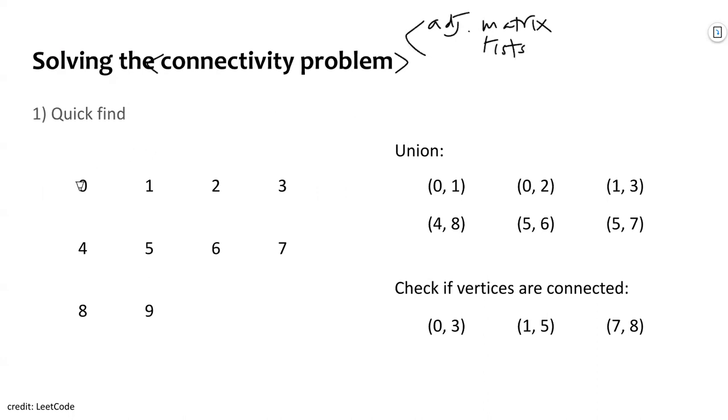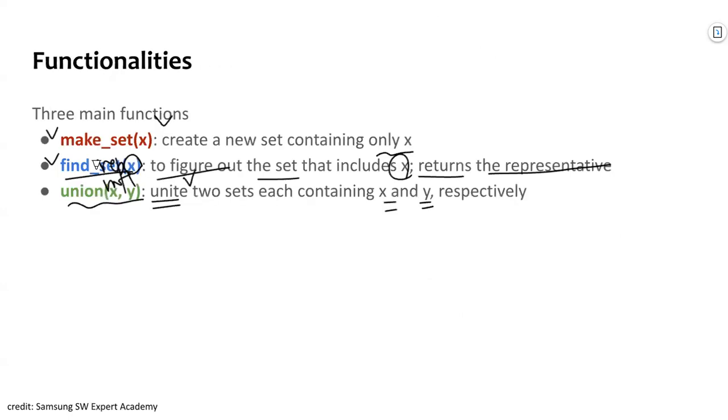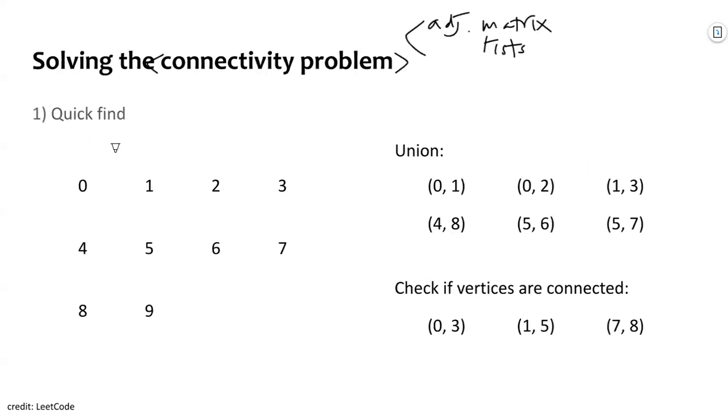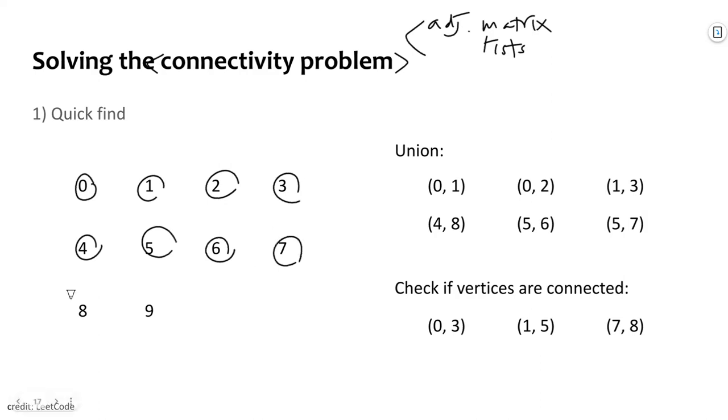So in the beginning, we are going to use this operation, make set. And let's say we have 10 elements, 10 vertices, and we're going to make each one as its own set. So we are calling make set for each element like this. And we end up with 10 disjoint sets.